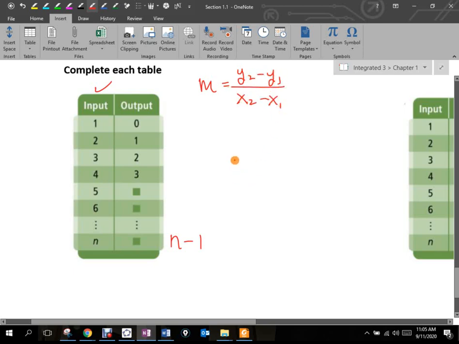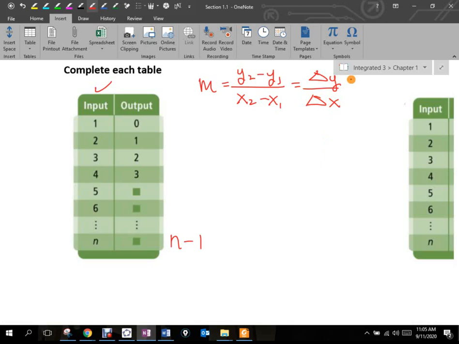You guys remember that formula? It's also another way of saying it would be the change in y over the change in x. That triangle is the Greek letter delta, and in science and math it just means change, and in mathematics change means subtraction. So that delta y, that triangle y, means the same thing as y2 minus y1.